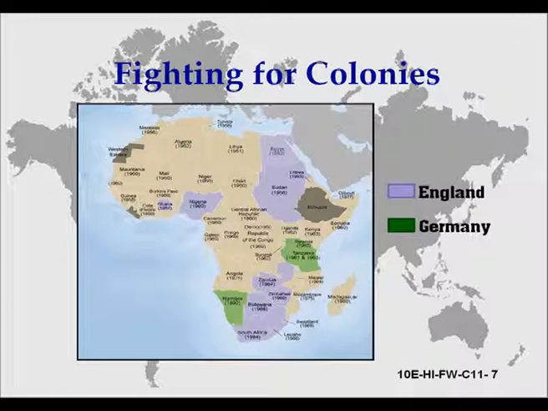England had already acquired a large number of colonies in various parts of the world, almost in all the continents. But in Africa, Germany entered into the race, and this led to a sort of open conflict between them. This is how every country thought it was a matter of prestige to have colonies.